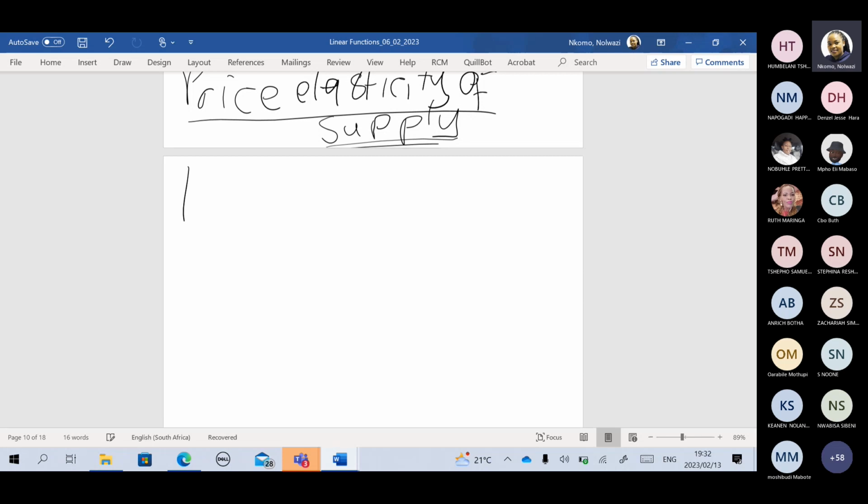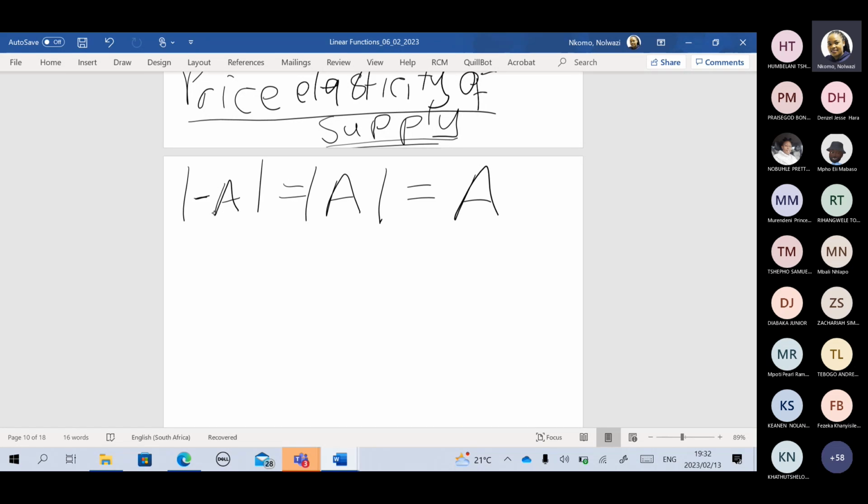It's because the absolute value of minus A is equal to the absolute value of plus A, which is equal to A. So if you get a negative value and put it under absolute value, it becomes positive. If you get a positive value and put it under absolute value, it will still be positive.